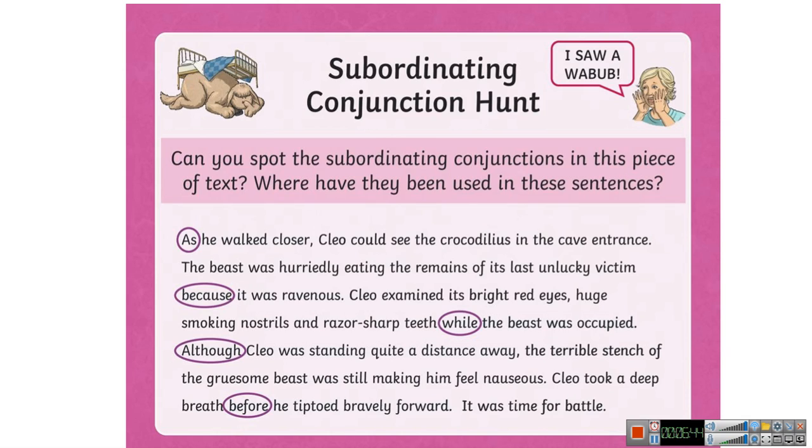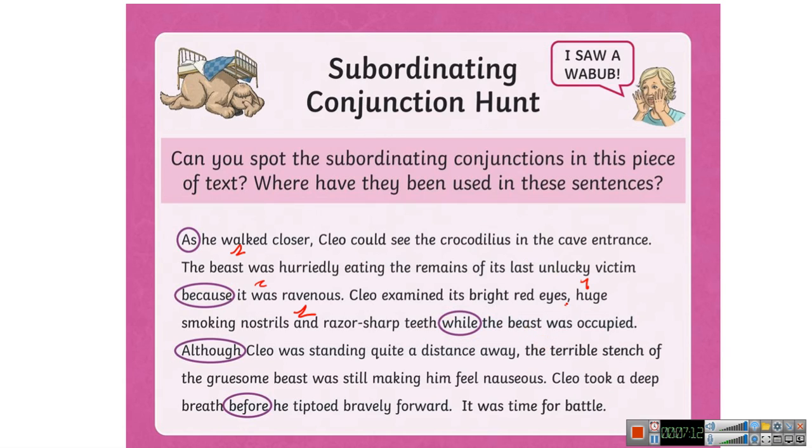Let me write it. 1 and 2. Okay. Now, Cleo examined its bright red eyes, huge smoking nostrils, and razor-sharp teeth. This is our first idea again. Right here. 1. While the beast was occupied.